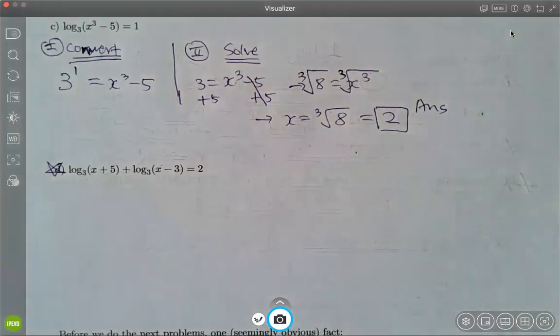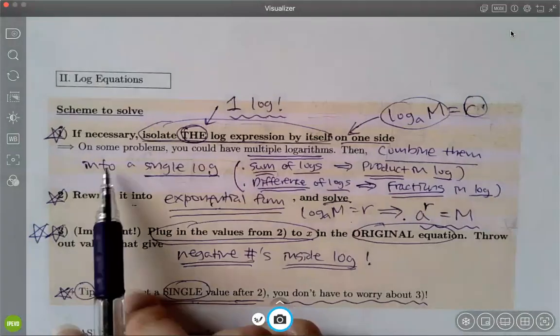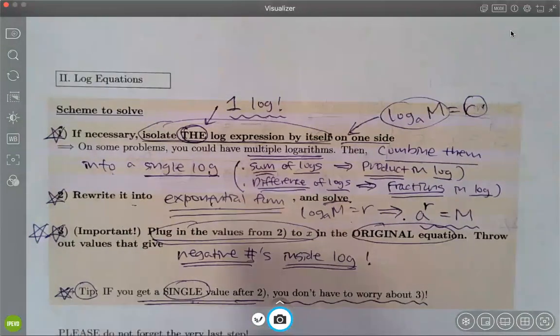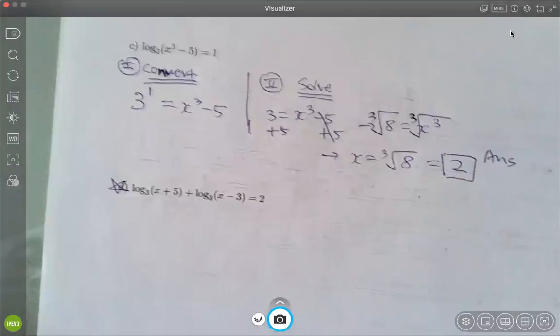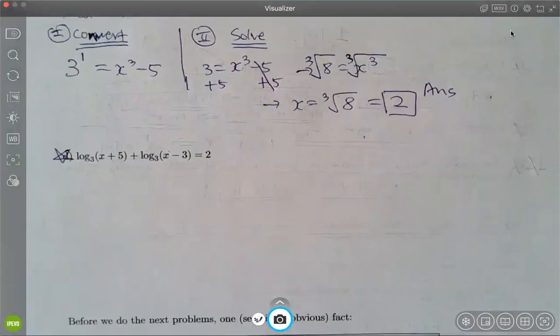Do we see one logarithm? No, we see two, right? So what does that mean? We have to somehow combine them into a single log. And is that even possible? Can you combine the left-hand side logs into a single log?